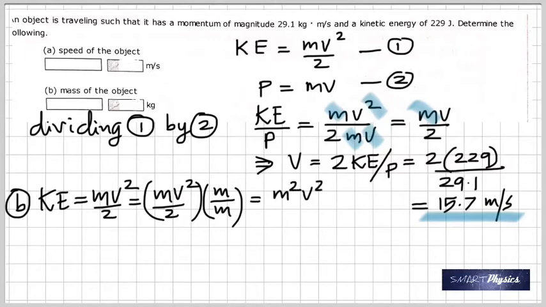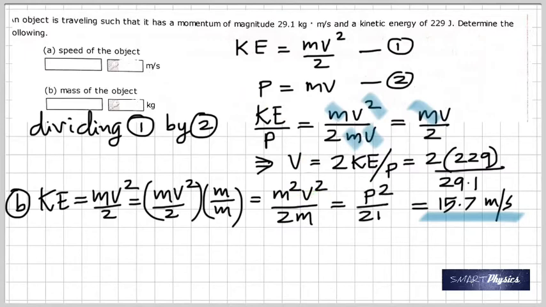So you get m squared v squared, because that's 2 m's here, and in the denominator you get 2m. What's the advantage of that? This can be written as the square of momentum, because momentum is just mass times velocity. Since you have both the terms squared now, we can write it as p squared.